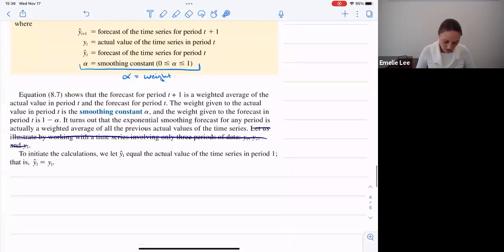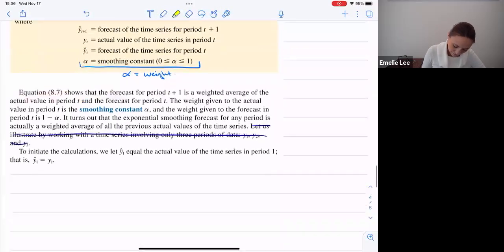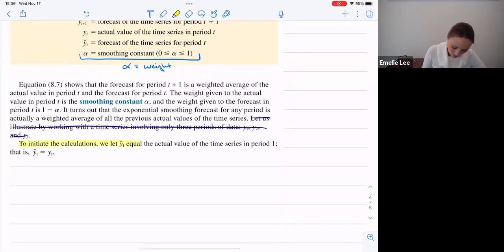And so what we do to initiate the calculations is we let y hat 1 equal the actual value of the time series in period 1. And so we start off and we observe what happened in week 1, and then that's our forecast as well. We're really good at forecasting in week 1, right?